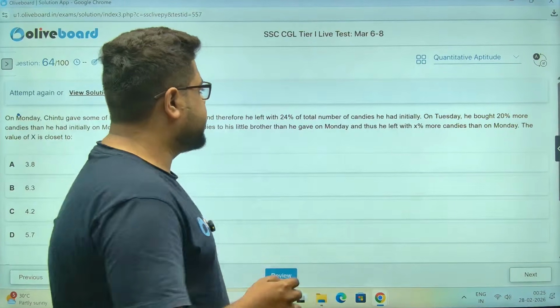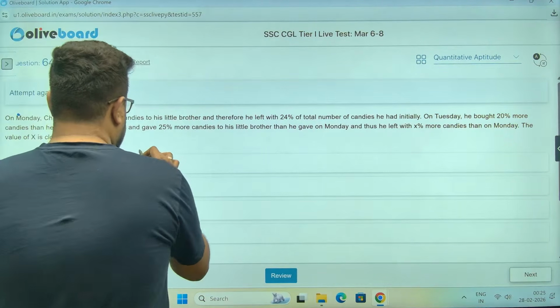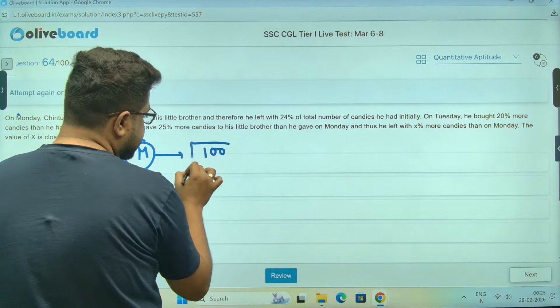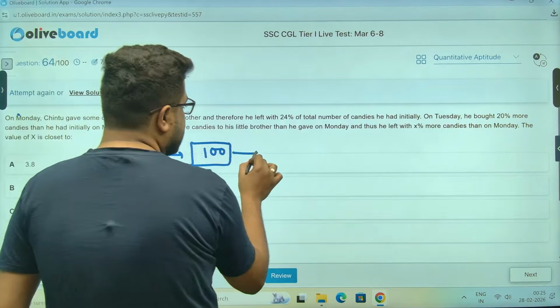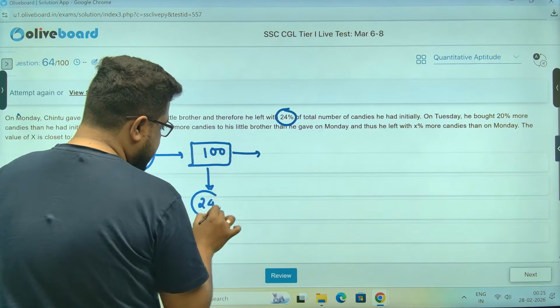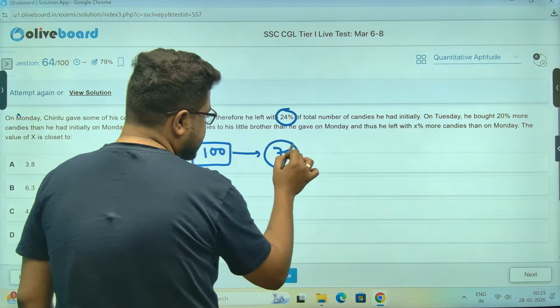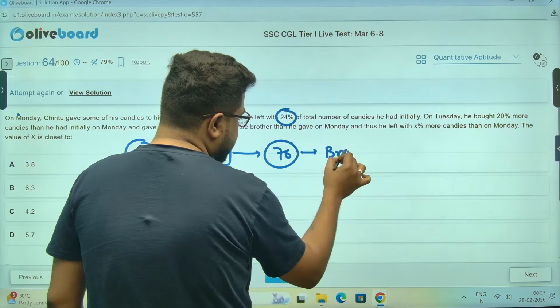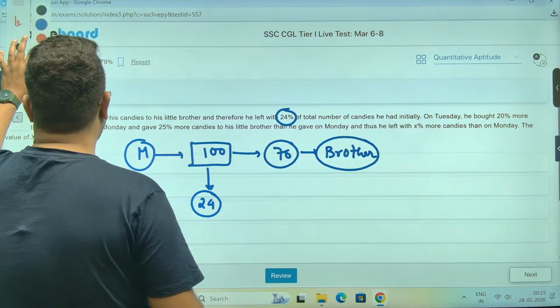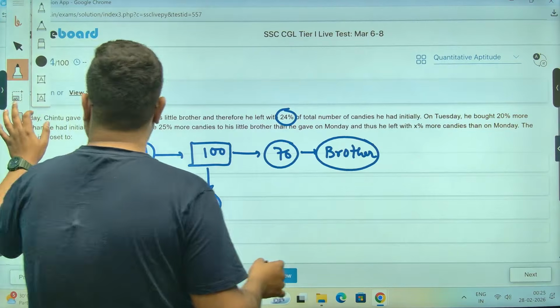So Monday, Chintu. Let's say he had 100 candies, and he was left with 24%, meaning 24 candies, meaning he gave his brother 76. This is to the brother. Now, what happened on Tuesday?